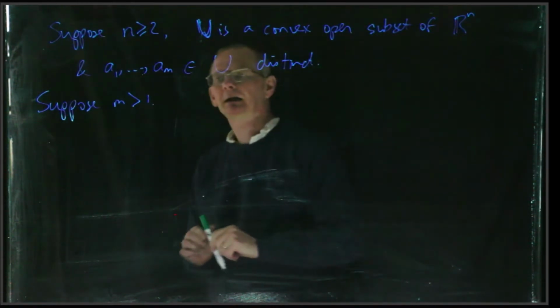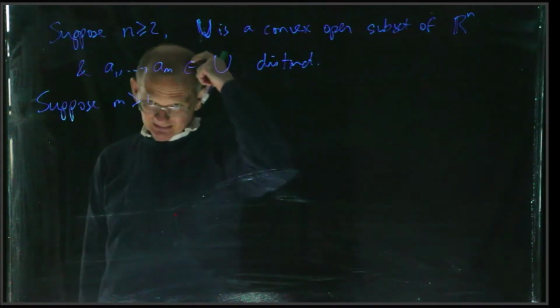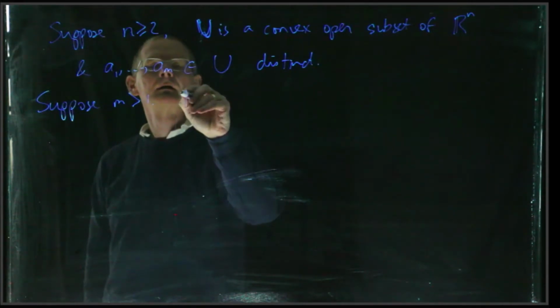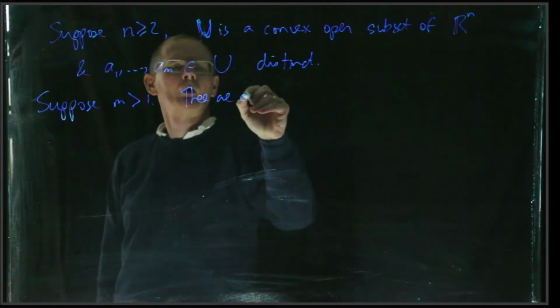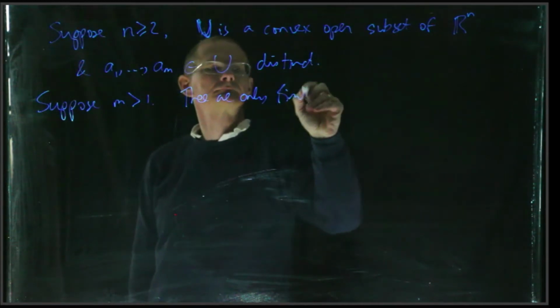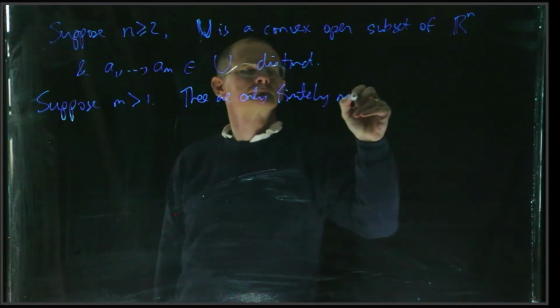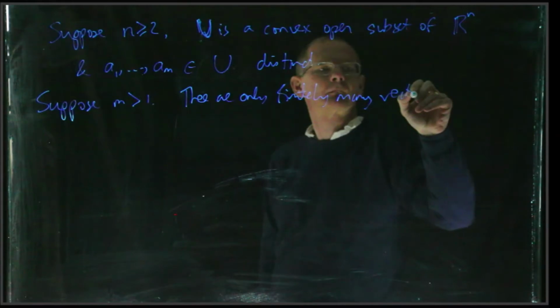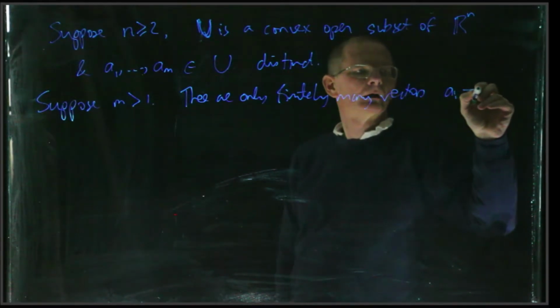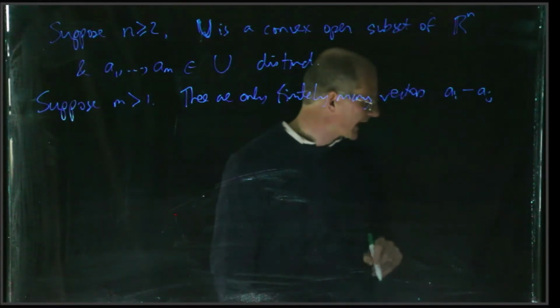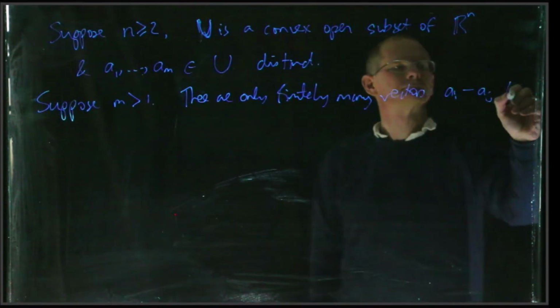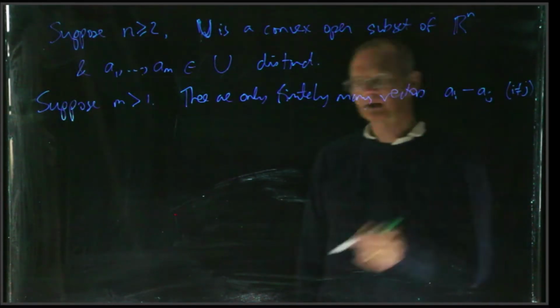So let's look at all these vectors a_i minus a_j. There's only finitely many of those.